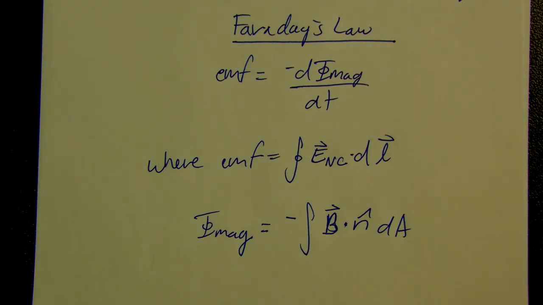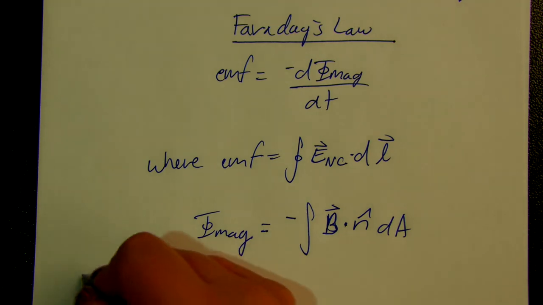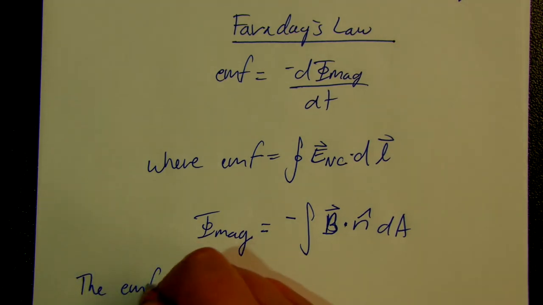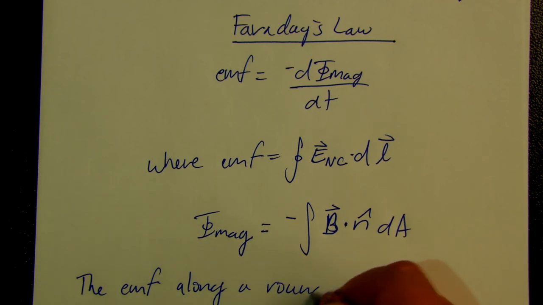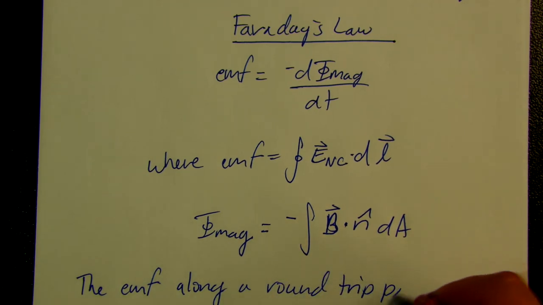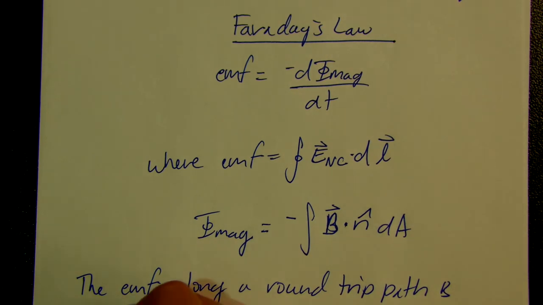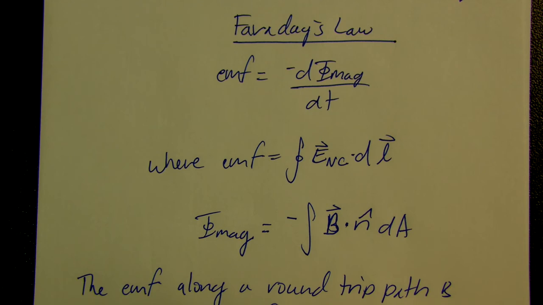So, in words, the EMF along a round-trip path is equal to the rate of change of the magnetic flux on the area enclosed by the path.